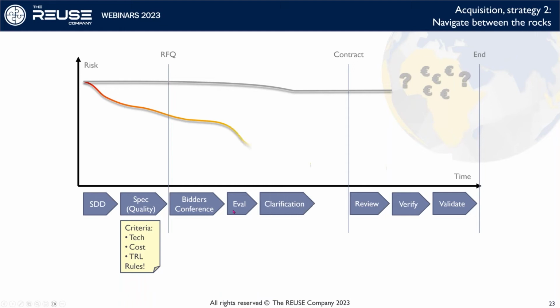Having done that, the evaluation should give you a better understanding of the system, of course, but even after that, you would need to clarify the contents of the initial bid, because there may be differences in how different companies express themselves. There may be differences in how they interpret things that you have been sending out and so on.